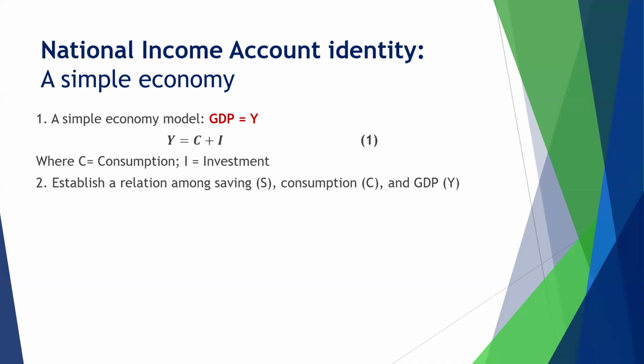Take note, we do not have a government sector here, so it's assumed that the people do not pay taxes. That is why our income is equivalent to the disposable income, which is savings plus the consumption.